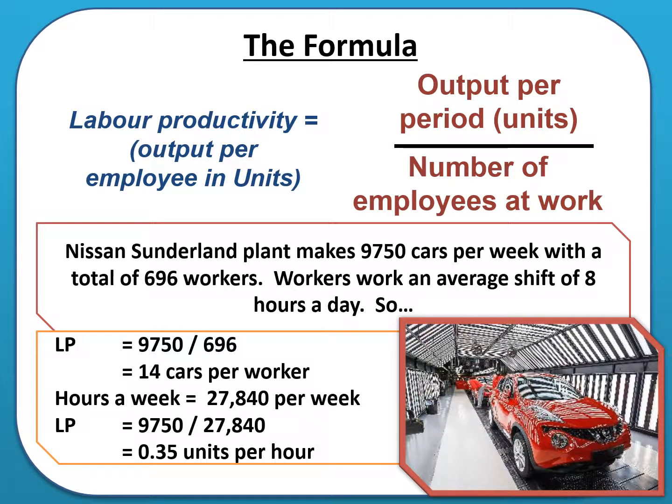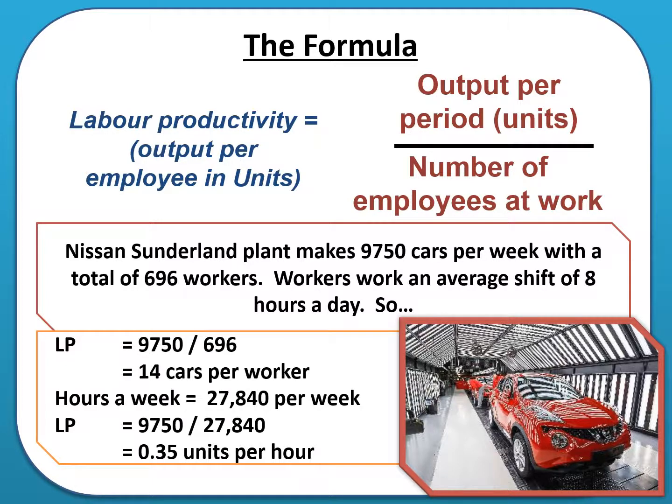So a bit of a busy slide this, I know. The formula is labor productivity, which is measured in output per employee in units, equals output per period, again in units, divided by number of employees at work. So labor productivity equals output divided by number of employees. If we use an example here, the Nissan Sunderland plant makes 9,750 cars per week with a total of 696 workers.